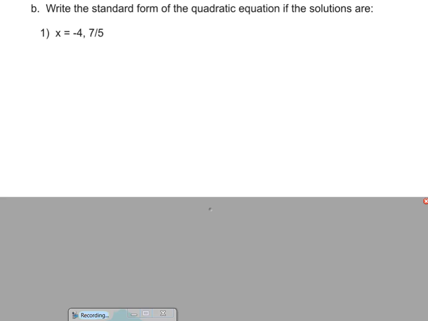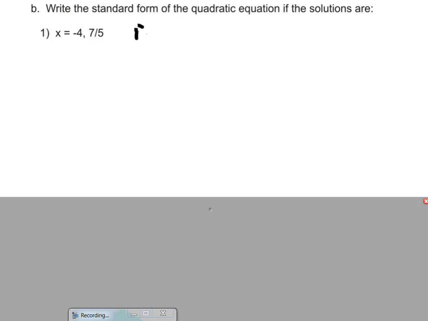What if they tell you to do something like this? Write the standard form of the quadratic equation if the solutions are x equals negative 4, x equals 7/5. Basically, what are we trying to do here? We're trying to find the factors that produce these solutions.